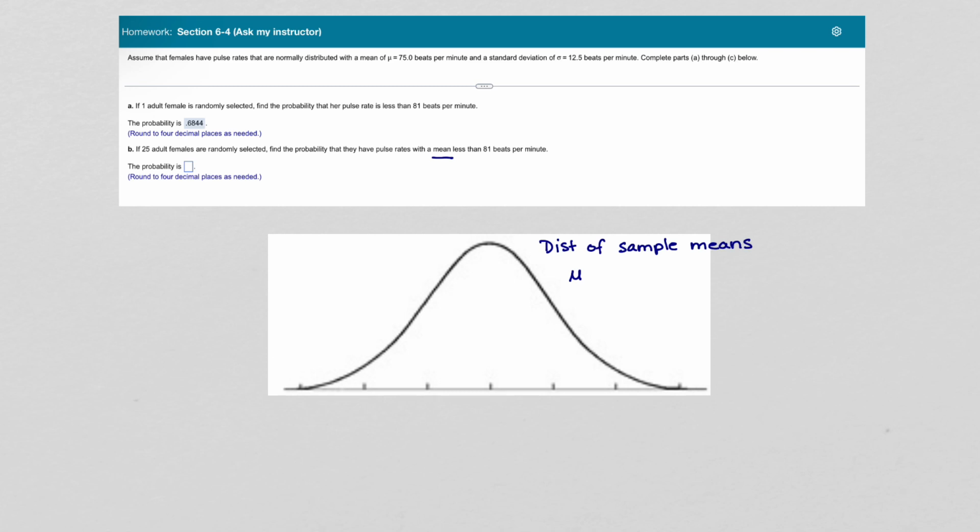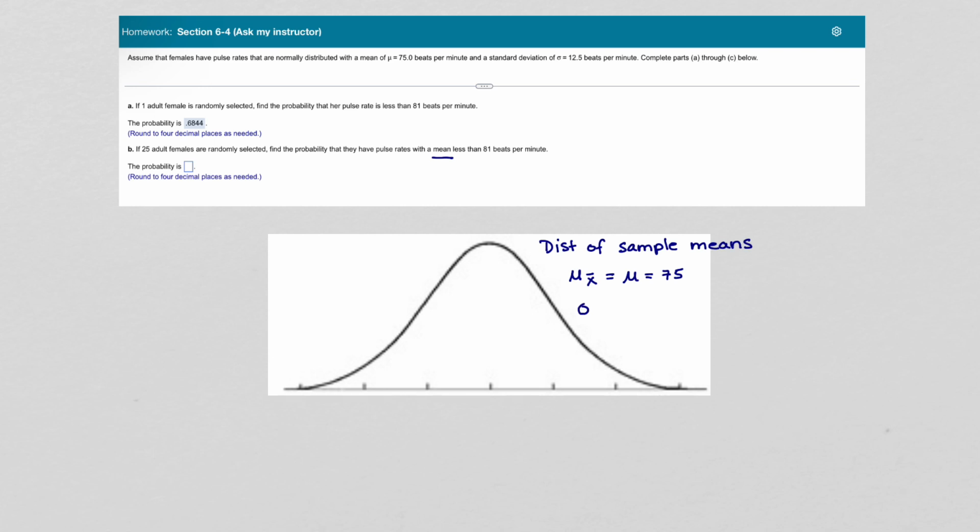The mean for the distribution of my sample means is mu sub x bar, and that's just equal to the mean from the original population. So that's going to still be 75.